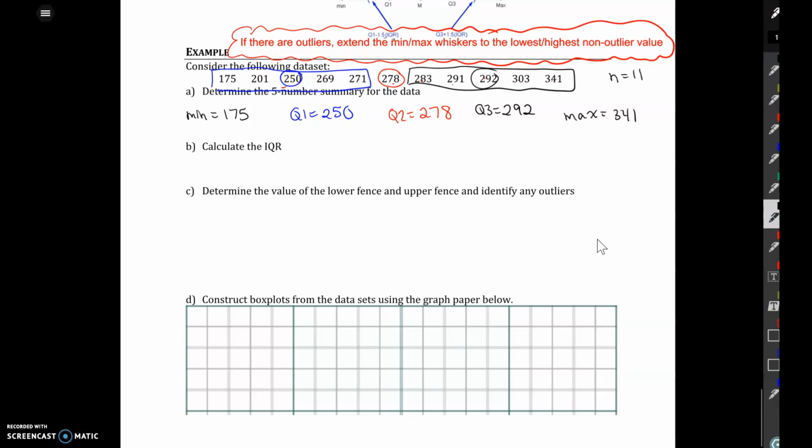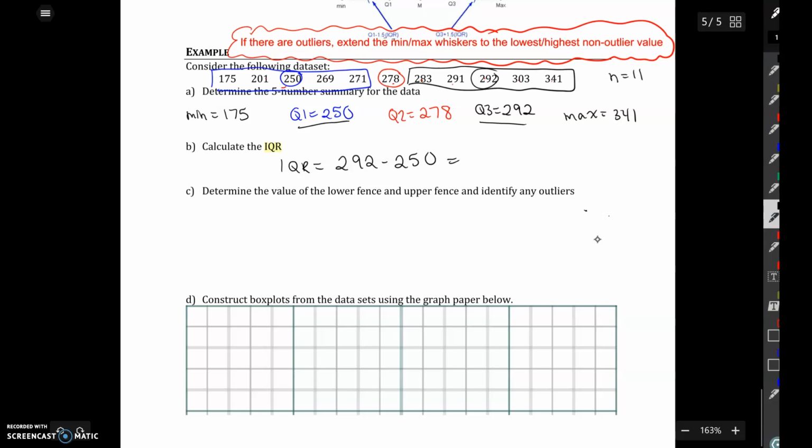Okay, now that we've done our initial 5-number summary, we can calculate the IQR for our data set. Remember, the interquartile range is found by taking our Q3 value and subtracting our Q1 value.